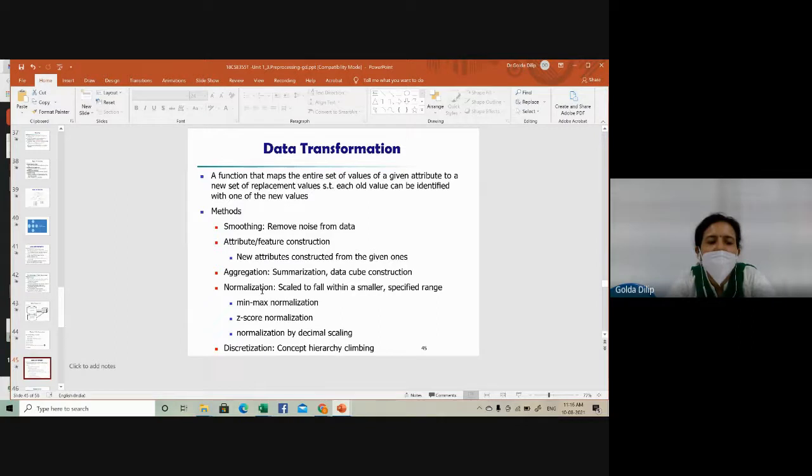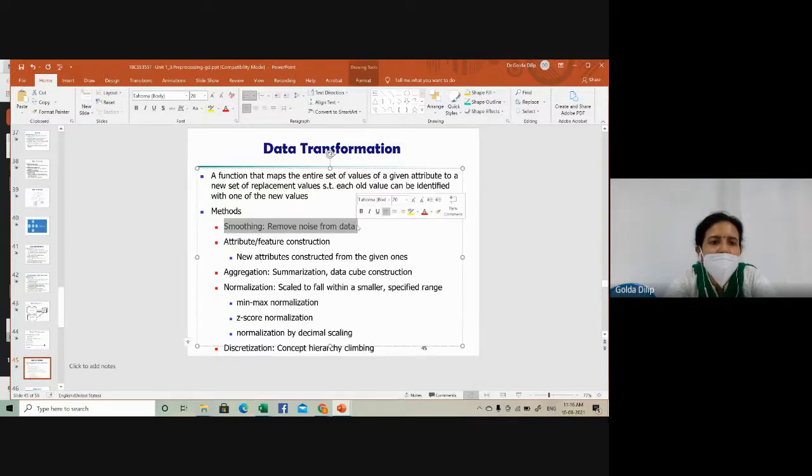Many of these methods we have already discussed. Do you remember discussing the data smoothing technique, yes or no? Data smoothing, how to remove the noise from the data.